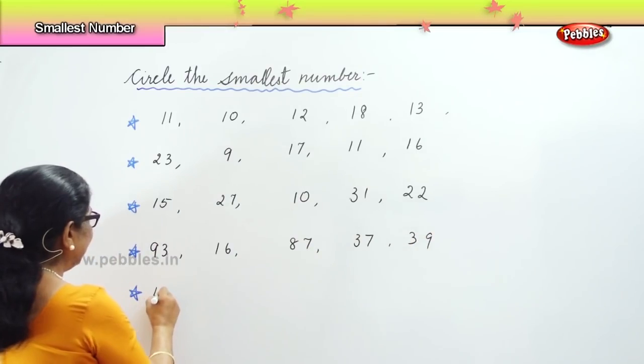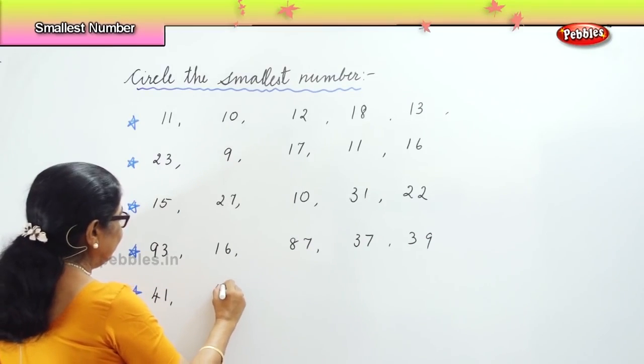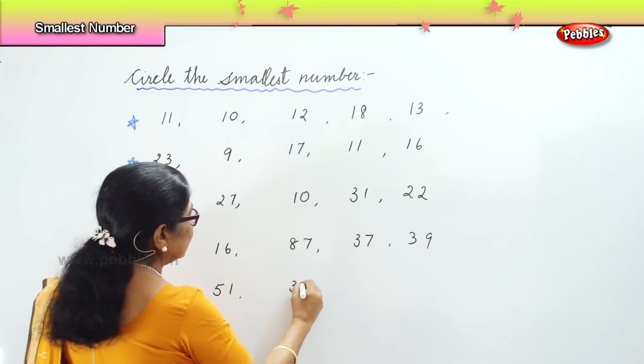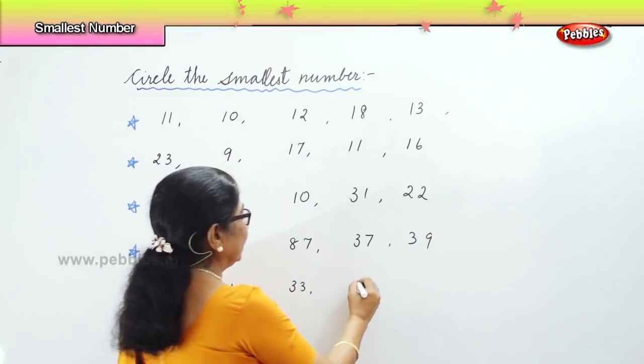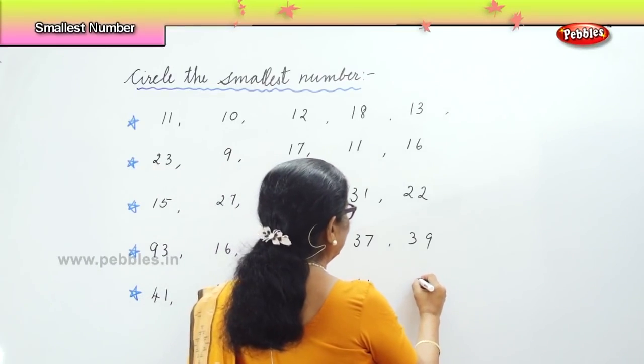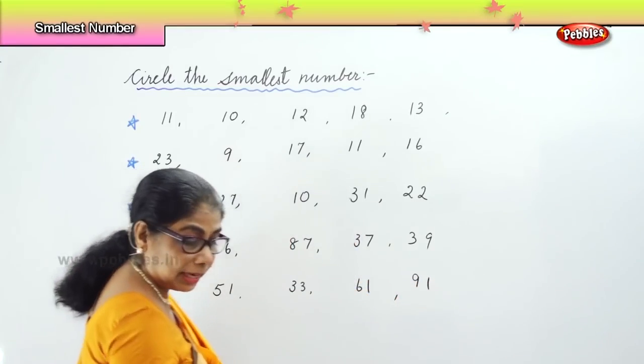Then the last one: 41, 51, 33, 61 and 91. So look at the lot of numbers I've given you.